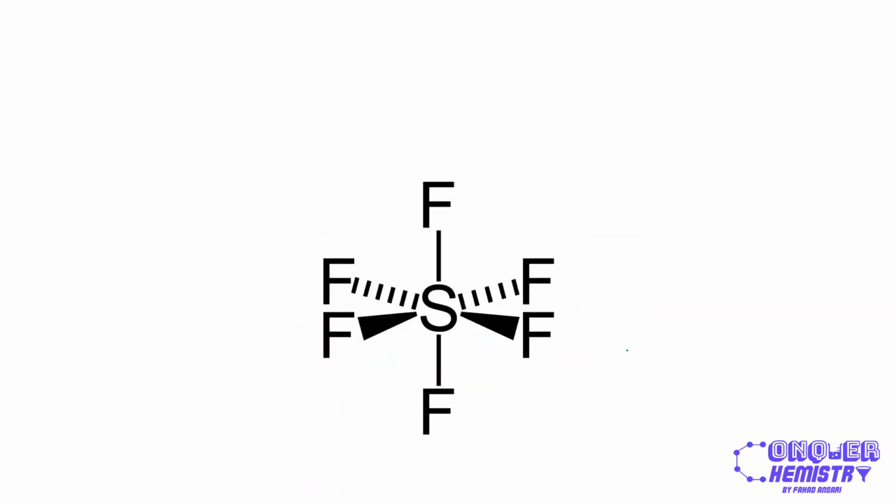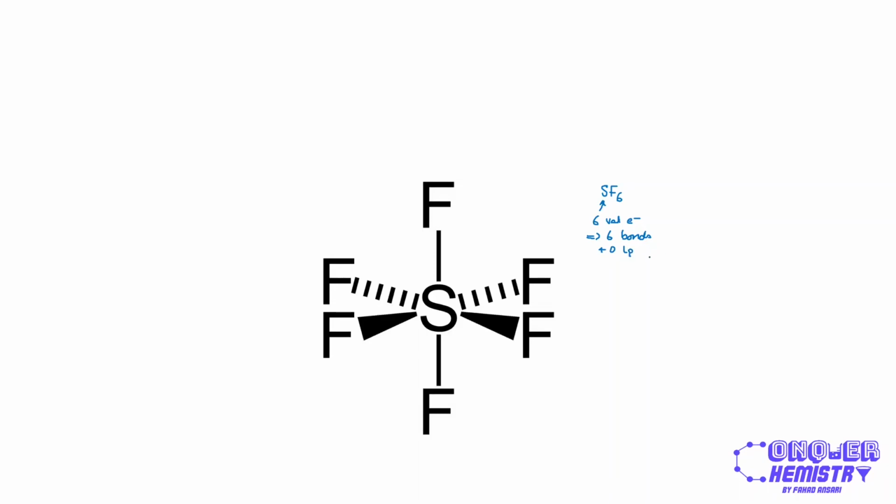And finally, we have sulfur hexafluoride, SF6. And over here, basically, we have 6 bonds and 0 lone pairs, because sulfur has 6 valence electrons. It's in group 16. So this is 6 bonds and 0 lone pairs.